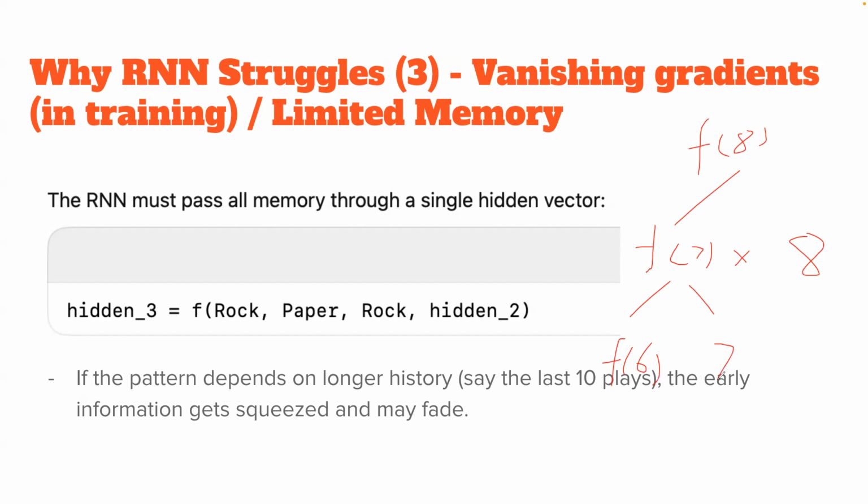But actually, the better example is the Fibonacci number. If you do Fibonacci number 8, you need to get Fibonacci 6 and then 7.